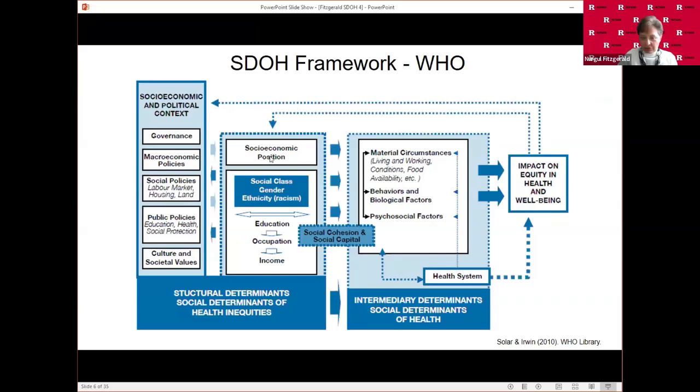And it can change the socioeconomic position of the person depending on those health outcomes. And some of these are double-sided arrows as well. So hopefully this gives you different ways of looking at these social determinants of health frameworks, and there are many applications and complex models as we work with these different elements.